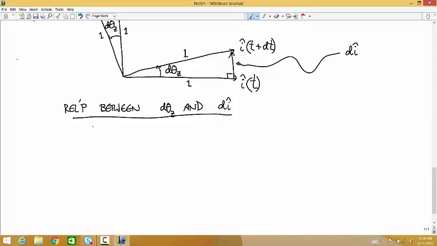So this vector di is equal to the hypotenuse of this right triangle times the sine of d theta z. This gives you the magnitude of that vector. What's the direction of that di vector? Positive y, yep.